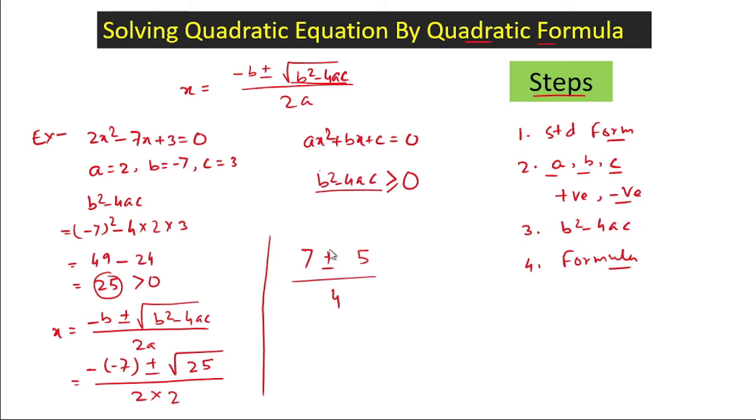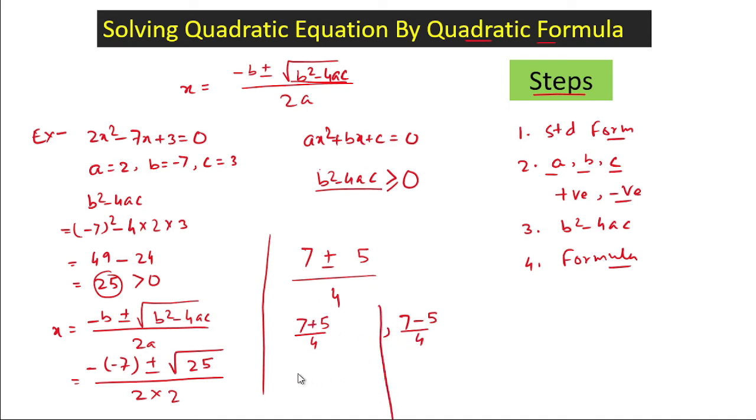So friends, here once we will take the positive value and next we will take the negative value. So we can write 7 plus 5 divided by 4, and again 7 minus 5 divided by 4. Here 7 plus 5 is 12, divided by 4 is 3.